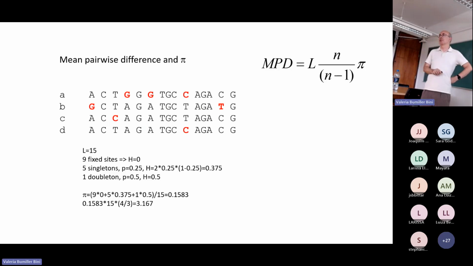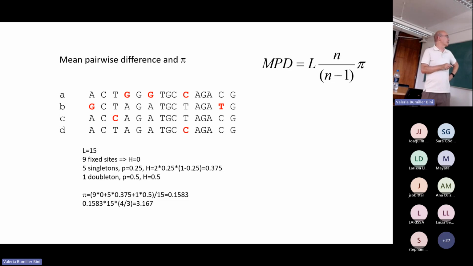Now let's compute for the same exact sequences by nucleotide diversity. So we have this and this and this for monomorphic, and their heterozygosity will be 0. We have 90 sites, heterozygosity 0.